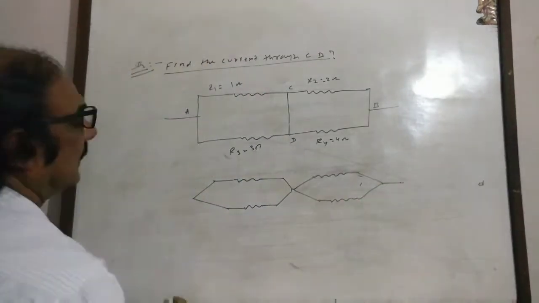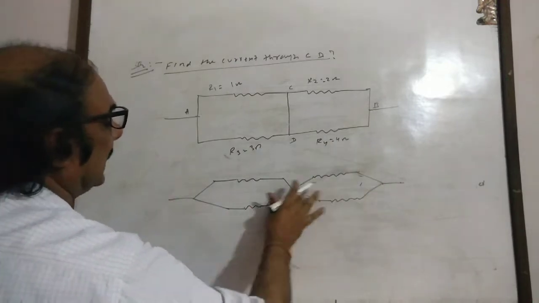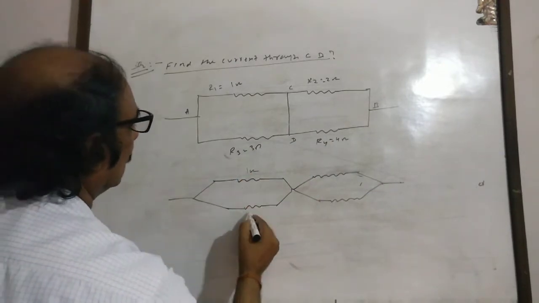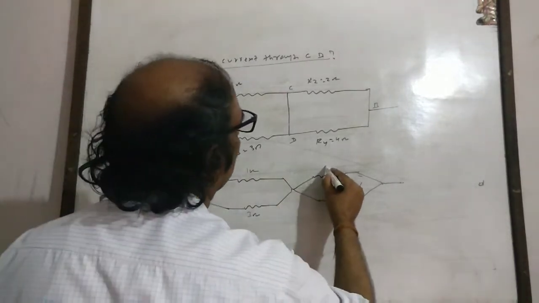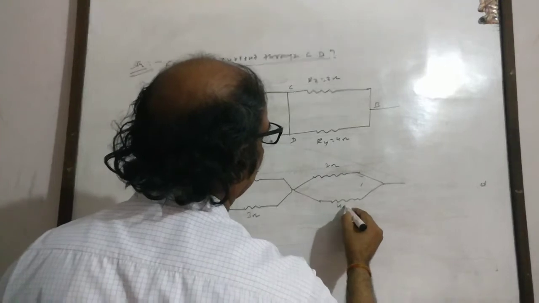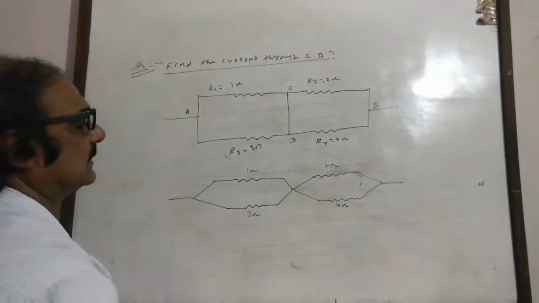This one, and the total equivalent resistance: 1 ohm and 3 ohm are taken in parallel, and the next parallel circuit is 2 ohm and 4 ohm, and now these are added in series.